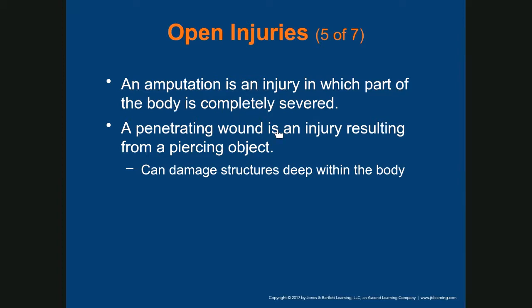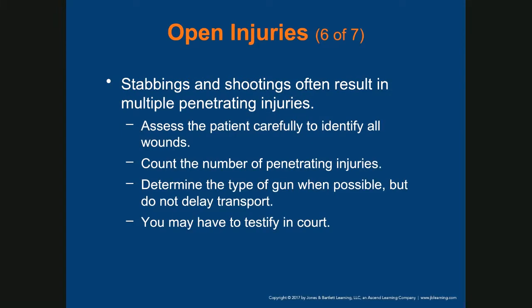A penetrating wound is any injury resulting from a piercing object, and naturally, if it's piercing, it can damage structures deep within the body. All right, so stabbings and shootings often result in multiple penetrating injuries. So you need to assess the patient carefully to identify all wounds, right?